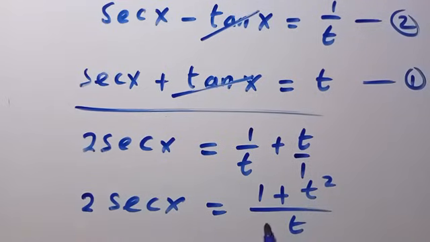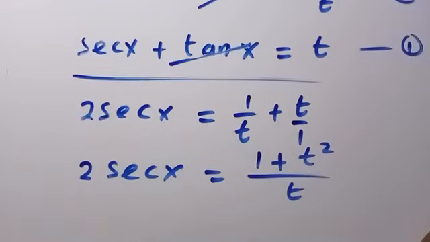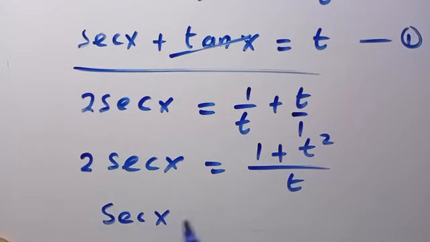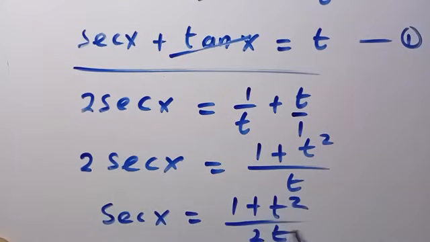By dividing both sides by 2, we are going to have sec x equals 1 plus t squared divided by 2t. So we have gotten sec x. Let's find tan x.